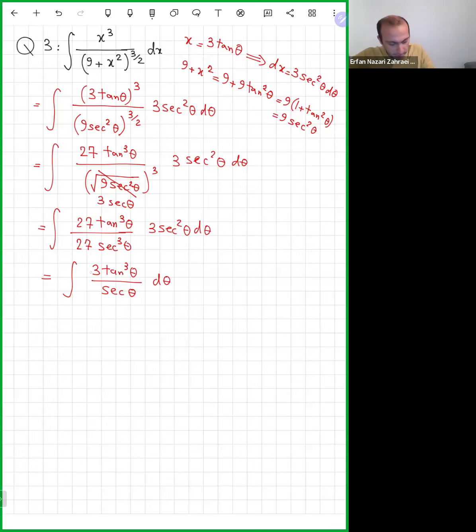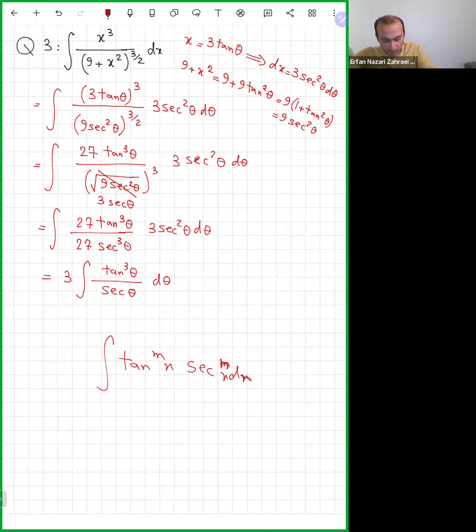Let me take this constant 3 outside and compute this. This is an exponent of tangent times an exponent of secant. If you remember, when I have this and I want to compute, an odd number of tangent is good and an even number of secant is good.